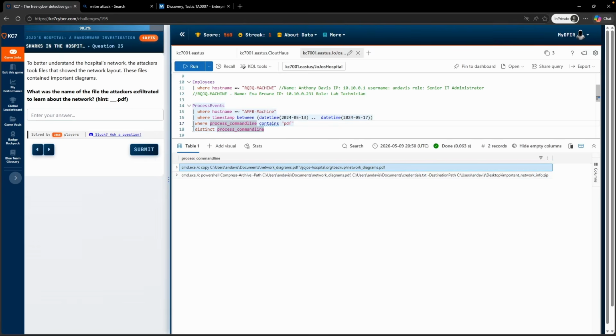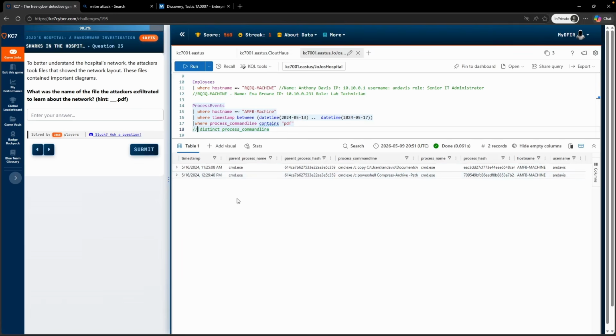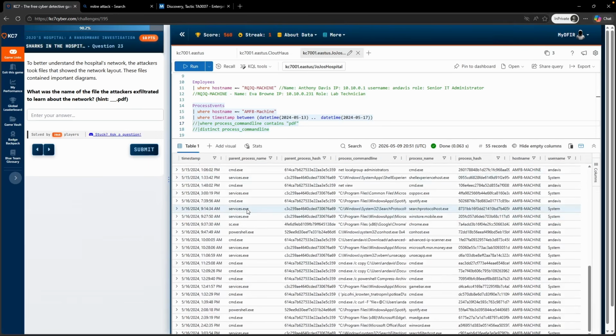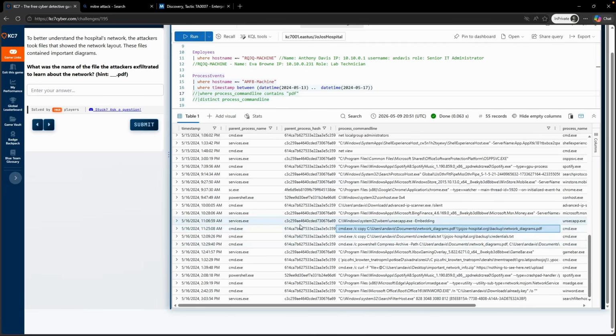What we can do here is instead of saying distinct, let's take a look at the timestamp. This occurred on May 16th at 11:25:08. Let's keep that in mind, 11:25:08. And if we scroll all the way down, 11:25:08, this right here, if we take a look at the following events, if exfiltration did occur, we should be able to see it here.